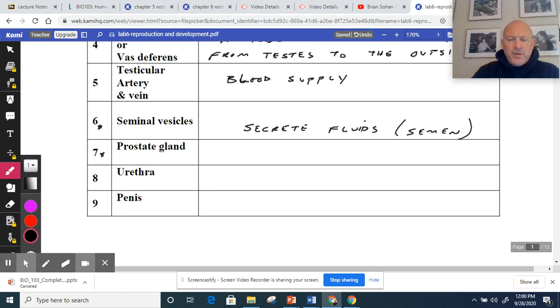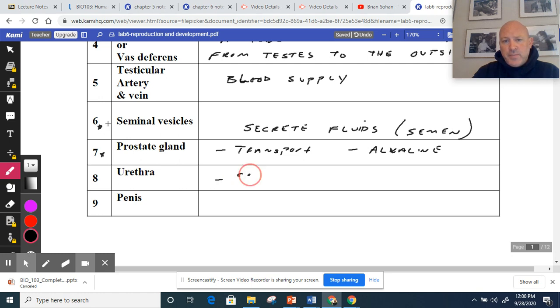And if you go back to the notes, there are functions for the secretions coming from these two glands, helping with transport, neutralizing the acidity, the acidic environment. So they're providing alkaline solutions.